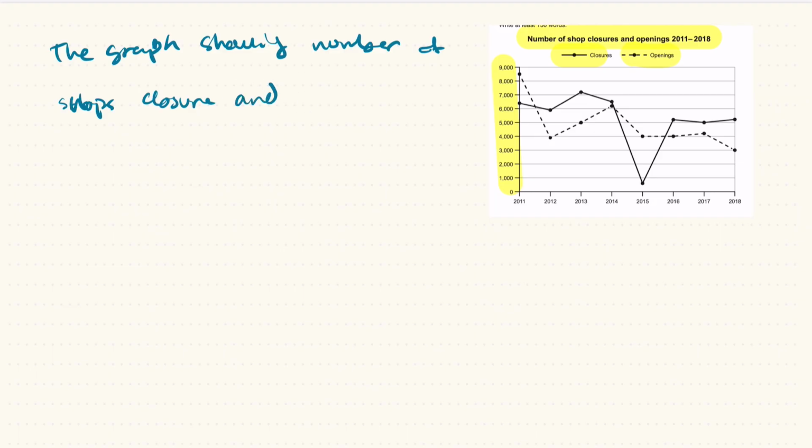Write actual words: closures and openings from 2011 to 2018 at, let's say, some city in the world. But typically IELTS says a UK city for whatever reason, but you can say, I don't know, Amsterdam.